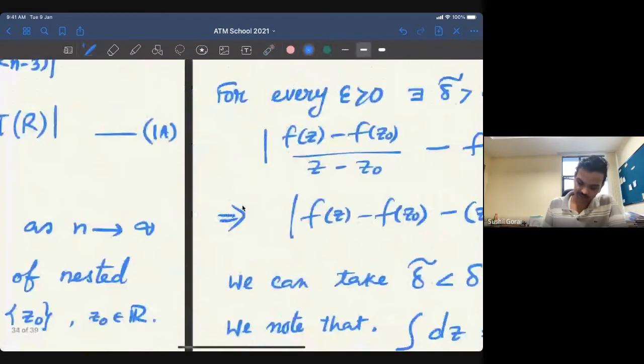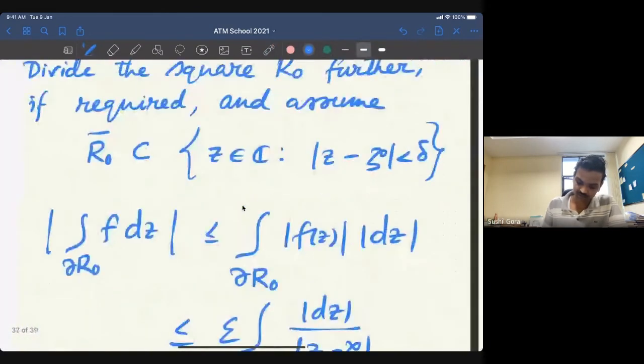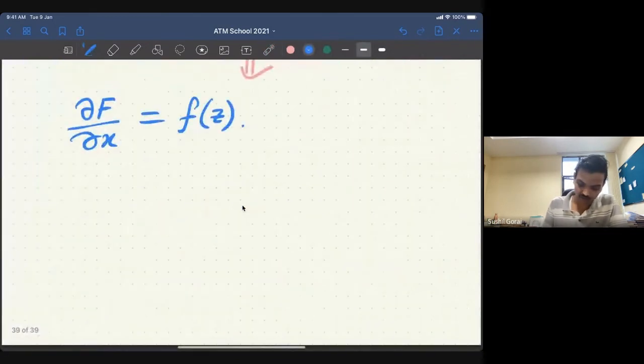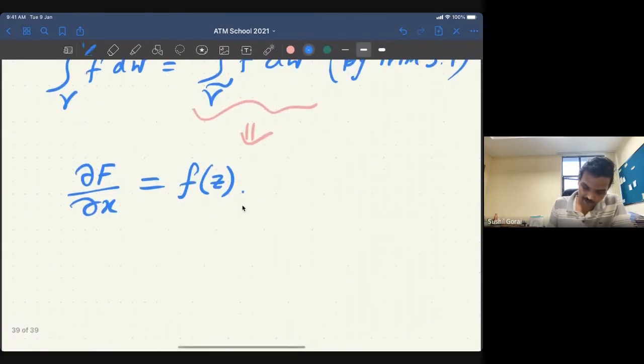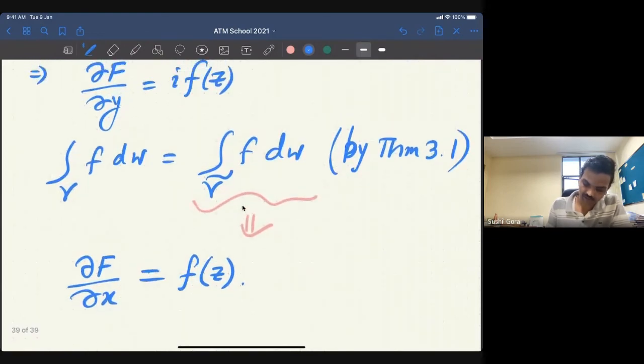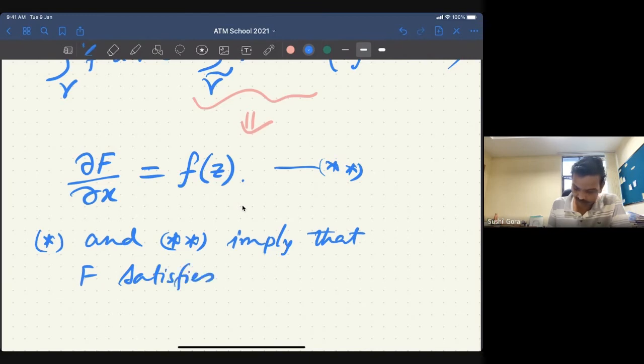And so this two implies f satisfies the Cauchy-Riemann equation. So maybe we call it star and double star. Star and double star imply that f satisfies the CR equations.